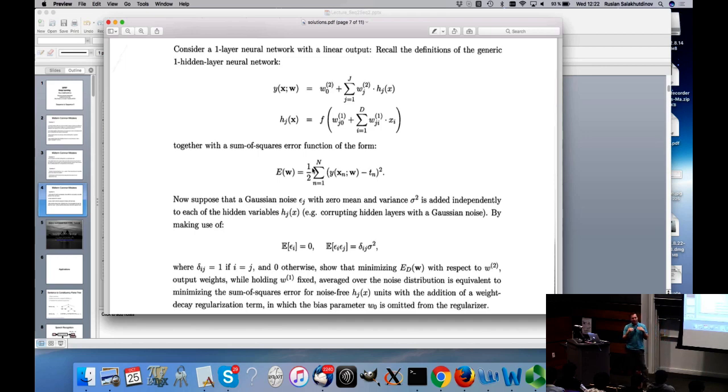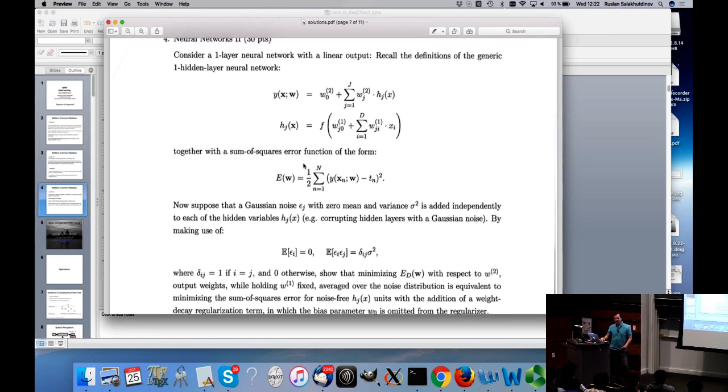So if you add Gaussian noise to some hidden layer 3 and then pass it through multiple nonlinearities, you can't really derive anything like that. You can't really say it's some kind of L1 or L0. It's going to be some form of regularization, but there is no explicit form for it.